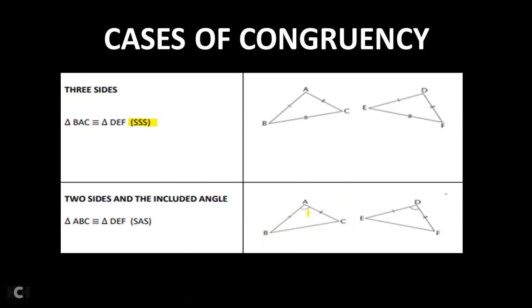Angle A is equal to angle D. Then we have line AC equal to line DF. So these 2 triangles are also congruent to each other. What is the reason this time? The case is side, angle, side.